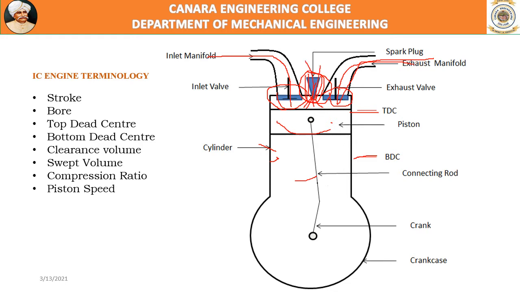Then it starts burning, combustion takes place, and pressure is exerted on the piston by the products of combustion, which makes the piston move down. That is called the power stroke. So these are the various parts of a reciprocating internal combustion engine.